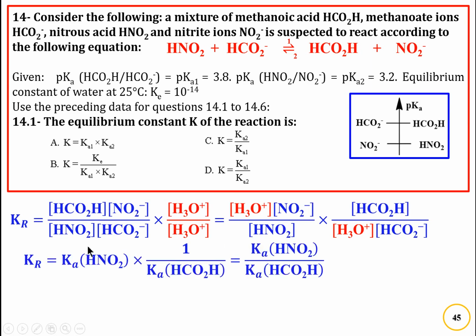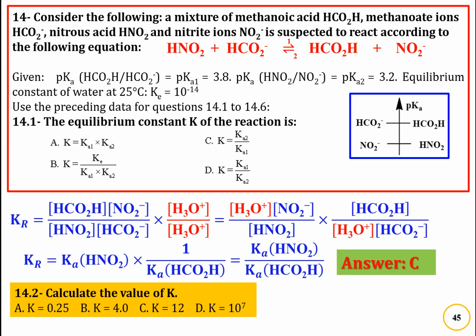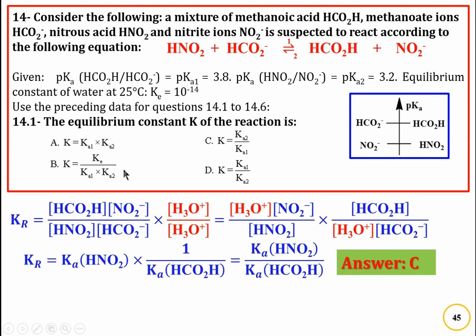This is Ka of the couple HNO2, and this expression is 1 over Ka of the couple HCOOH. So Kr is equal to Ka of the couple HNO2 divided by Ka of the couple HCOOH. So the answer is C.